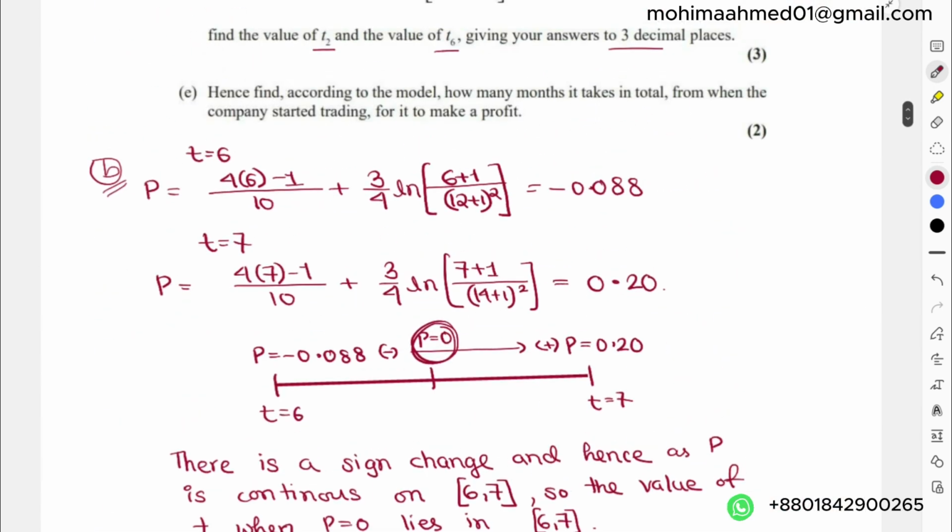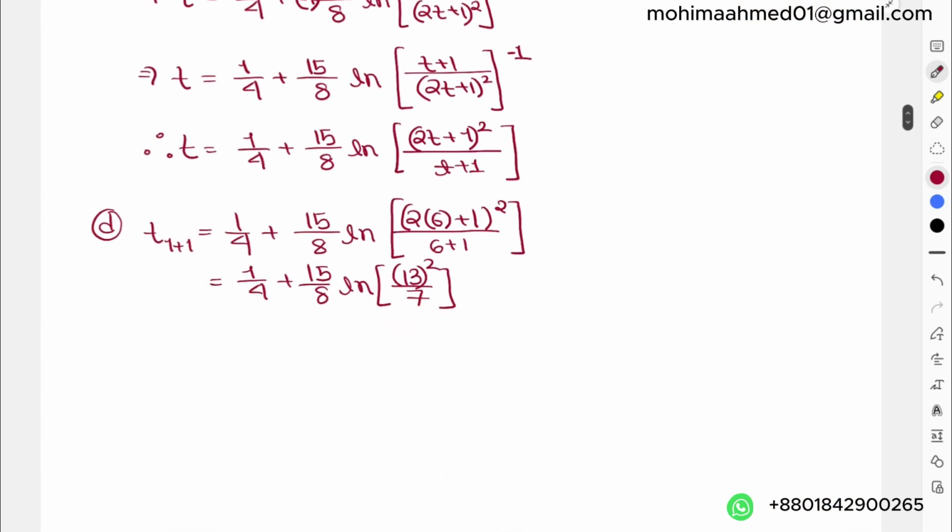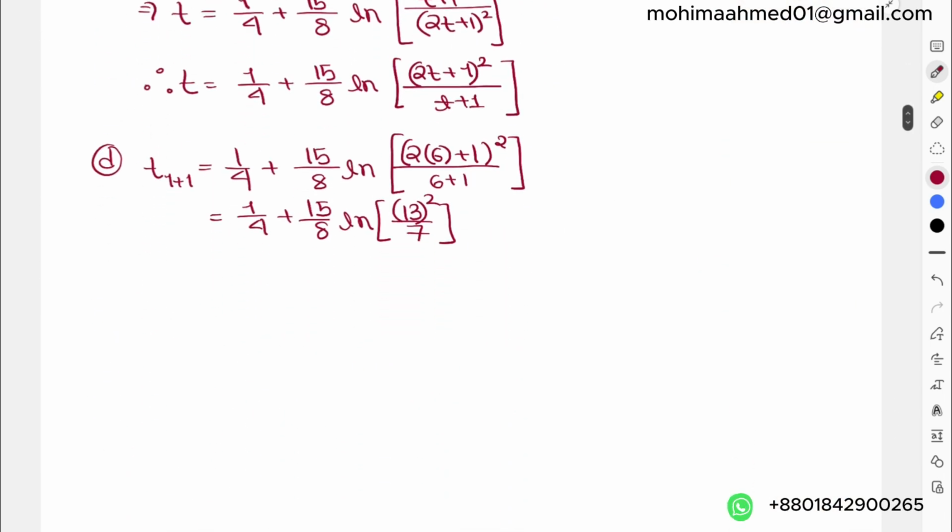That's a very big value, but it was stated we're supposed to keep our answer to 3 significant figures. So if I convert this to 3 significant figures, it's going to be 6.22, right?